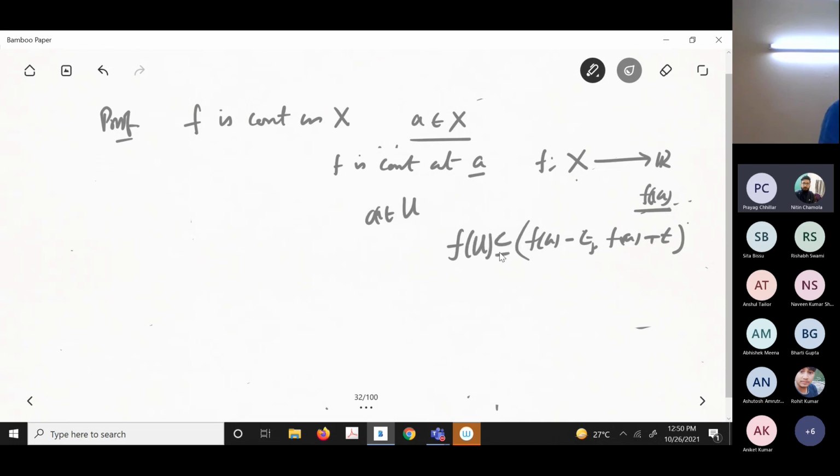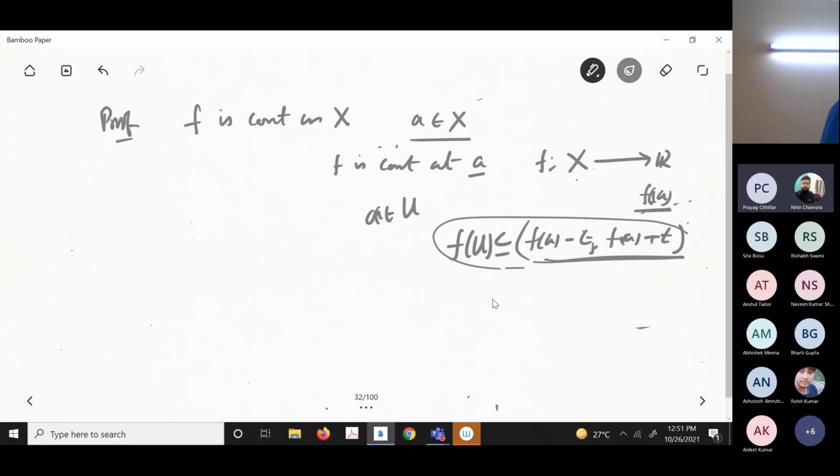I am using the definition of continuity at a point. For this side I am choosing the basic neighborhood, a ball, because any open set containing f(a) will contain this, and if this happens it will be true for every neighborhood of f(a). So we need to show that there exists a neighborhood U of a in X such that |f(x) minus f(a)| is less than epsilon for all x belonging to U.